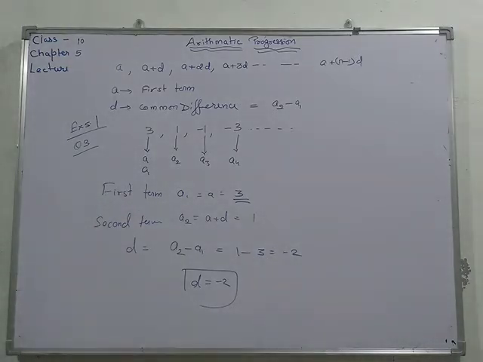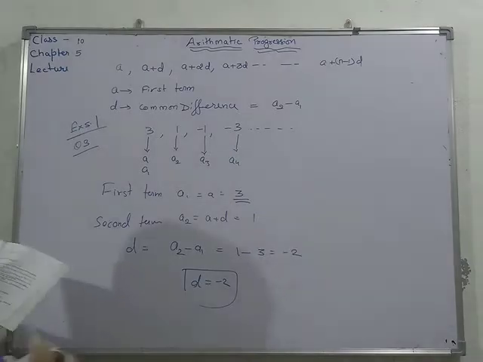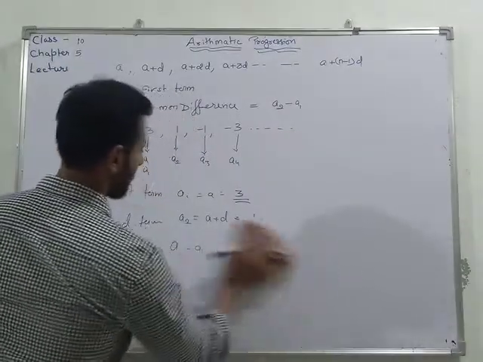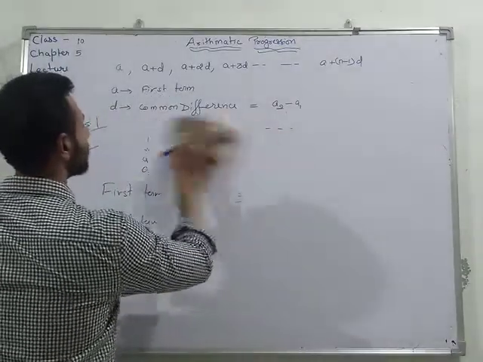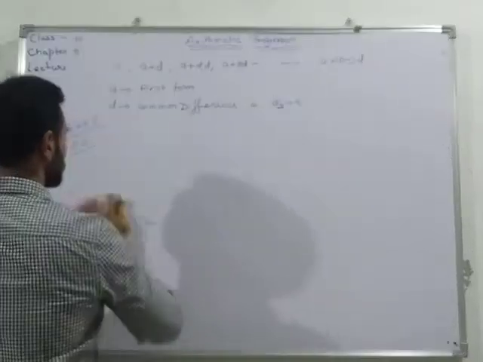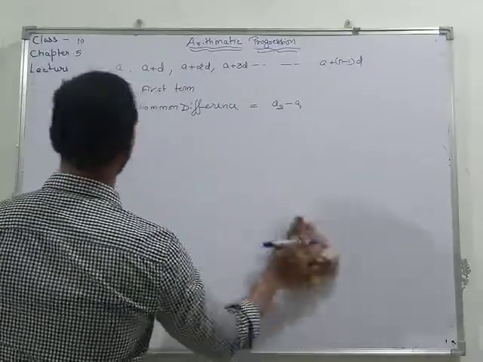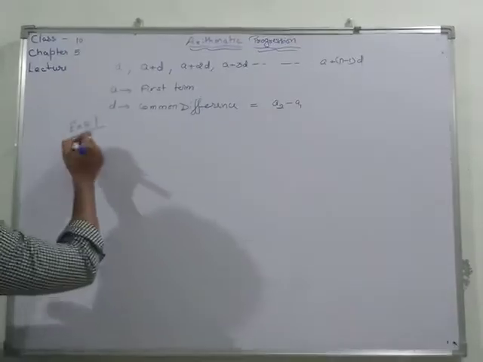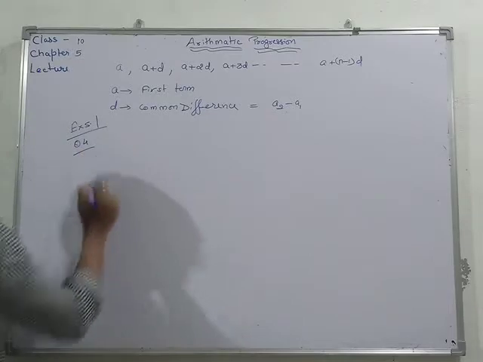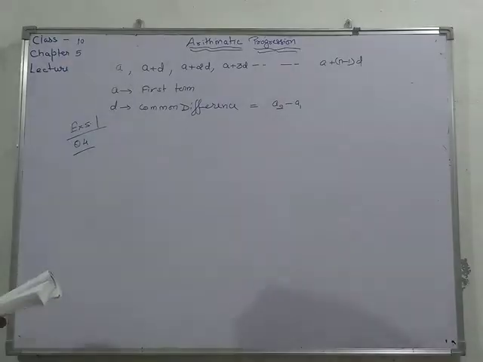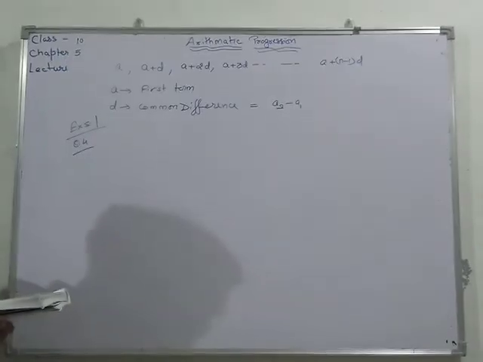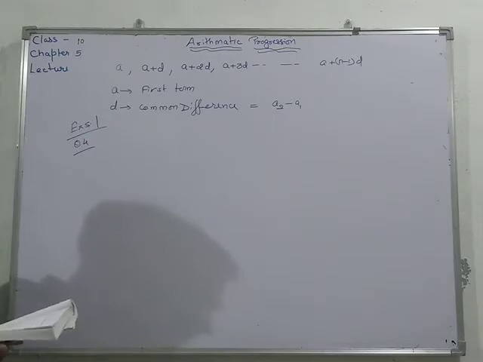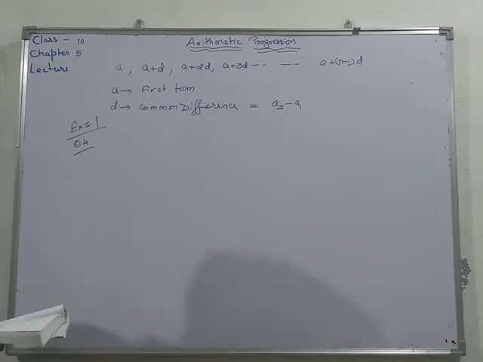Now let us see one more question based on this same type. Question number 4 of the same exercise says: which of the following are APs? If they are an AP, find the common difference d and write 3 more terms.